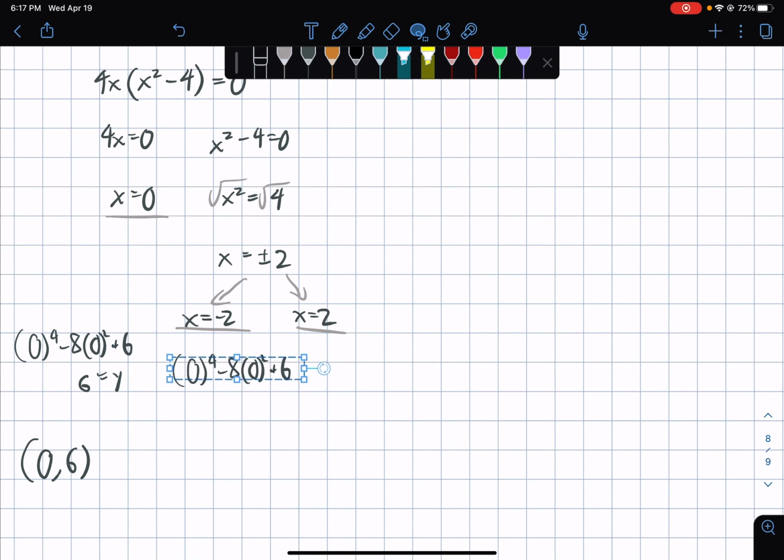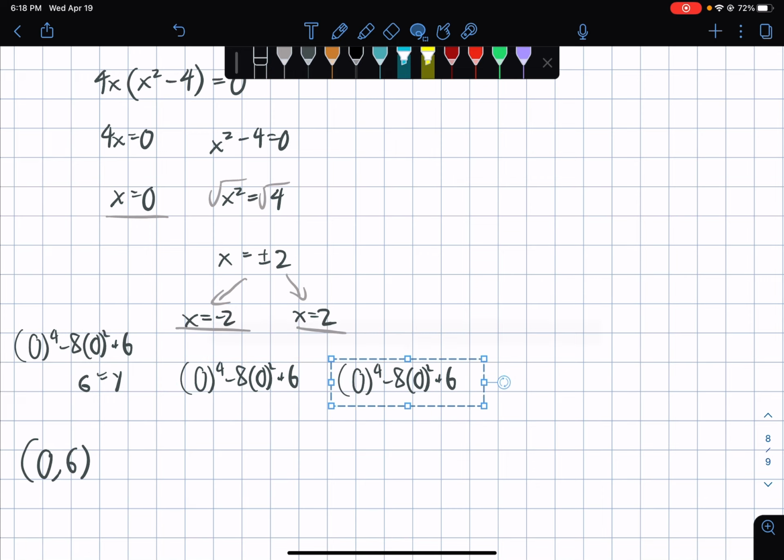And let's just reuse this. This one's -2. This one's +2. So we just compute, look for the results, whatever that result is, you combine it with x to make that specific coordinate.